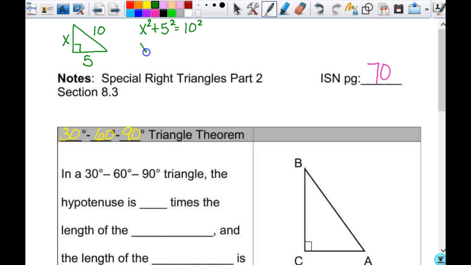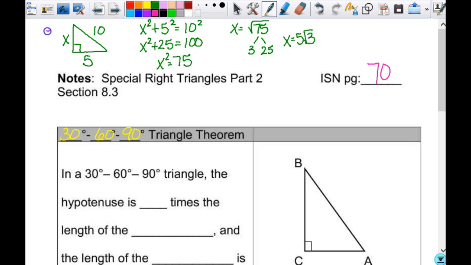So it's x squared plus 25 equals what? 100. So x squared equals 75. So x is the square root of 75. Then that can be 3 and 25. So x equals what? 5 times the square root of 3.